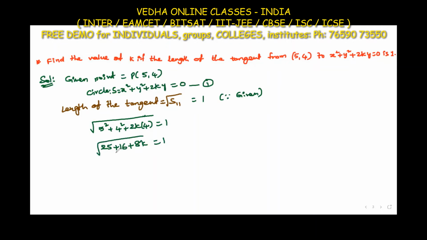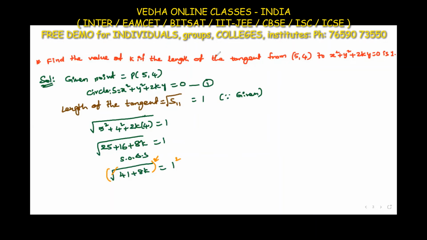Now squaring on both sides, the left side square and right side also square, so we can cancel the square and root.